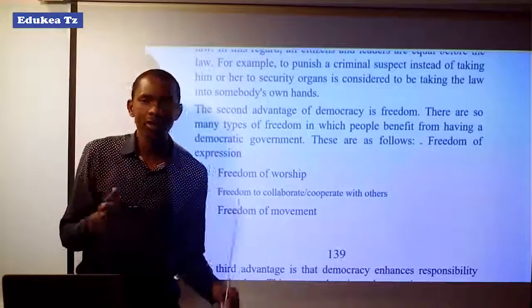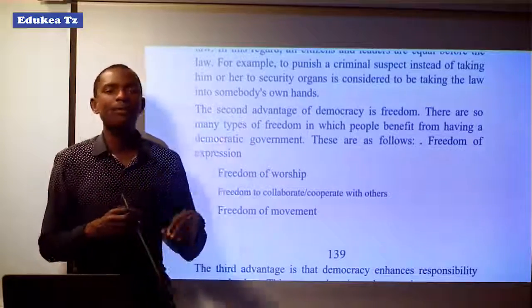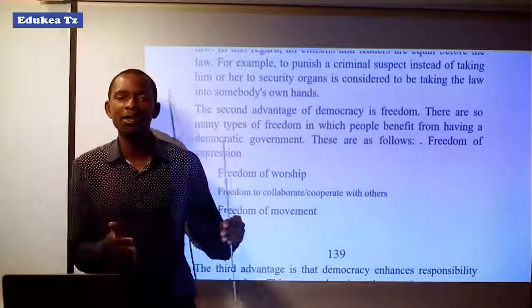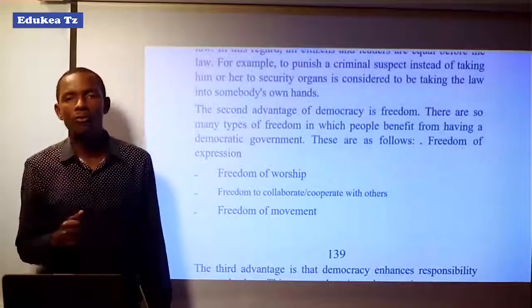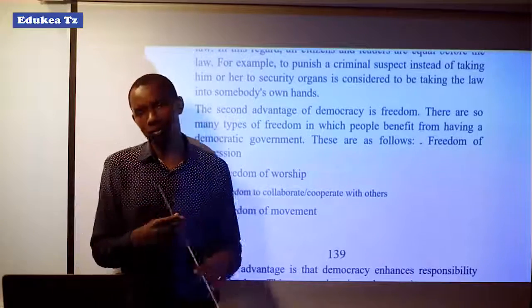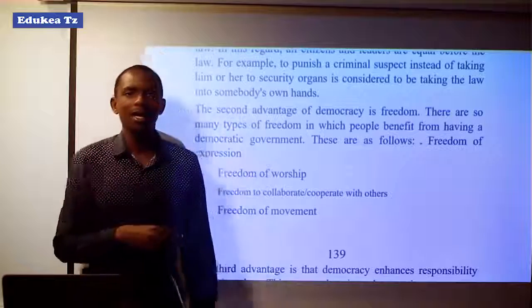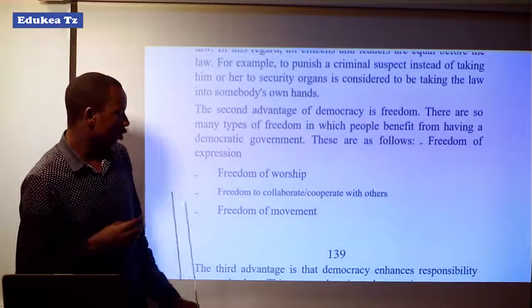In economic issues, you have to interact and cooperate with your fellows. In political issues, you have to interact and cooperate with your fellows. Also in economic activities, you have to cooperate with your fellows. So that is another freedom observed in democratic government.